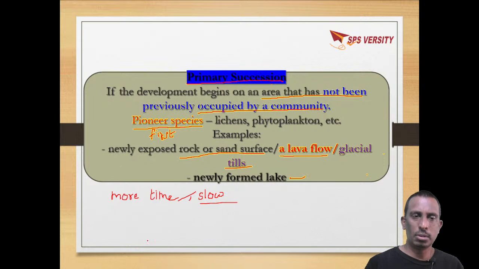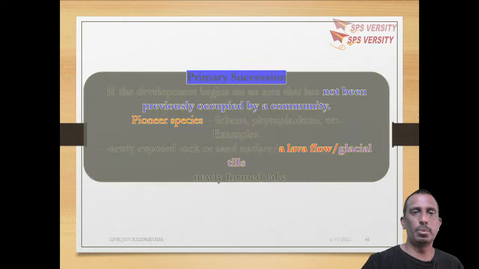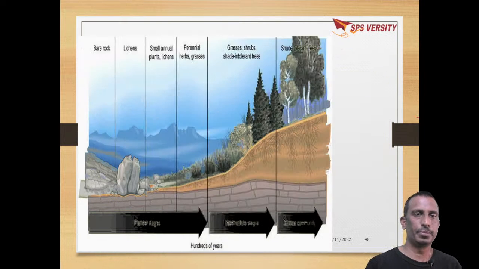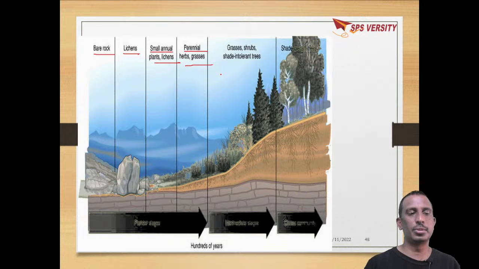Quite opposite to this, here you can see it takes hundreds of years. Like the pioneer communities on bare rock: lichens, small plants, perennial herbs, grasses, shrubs, shade intolerant trees.